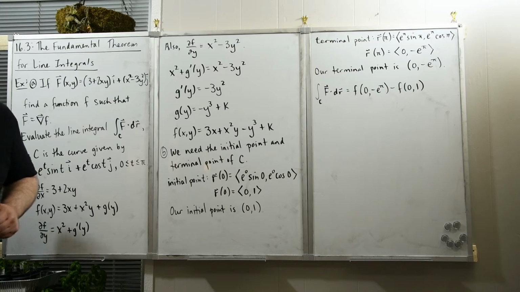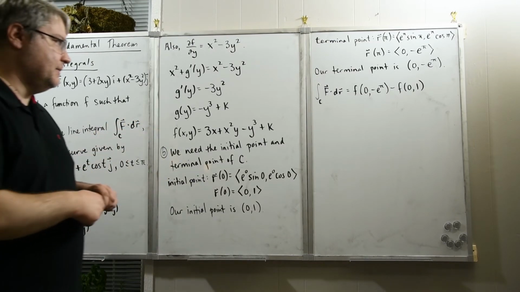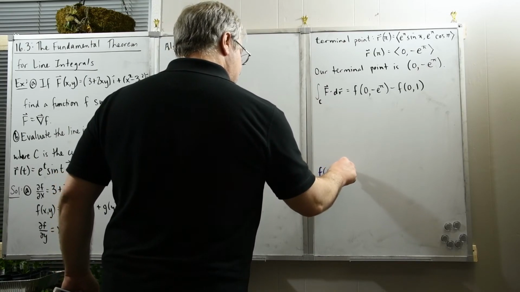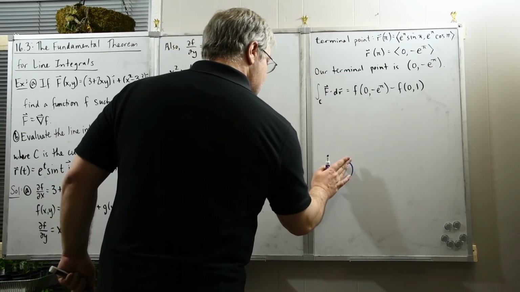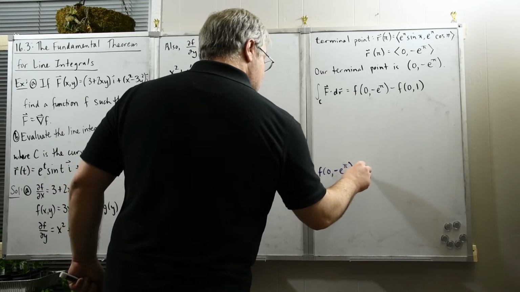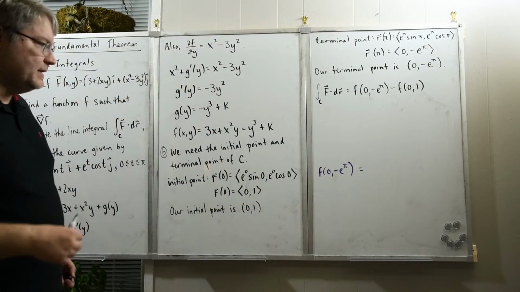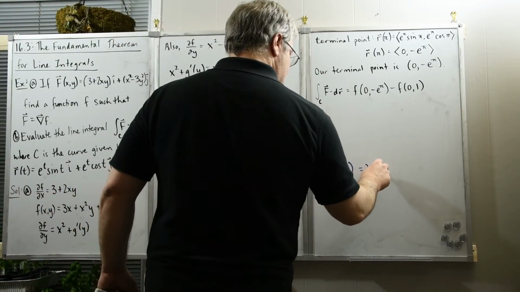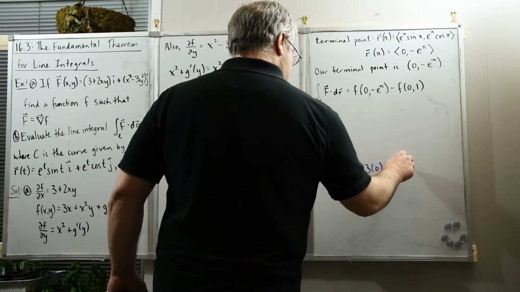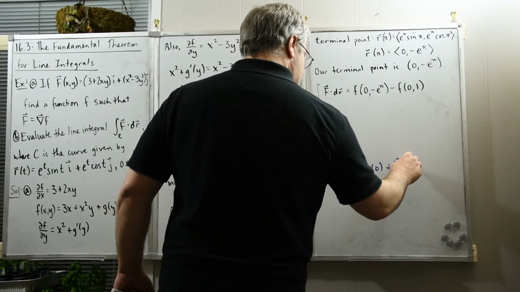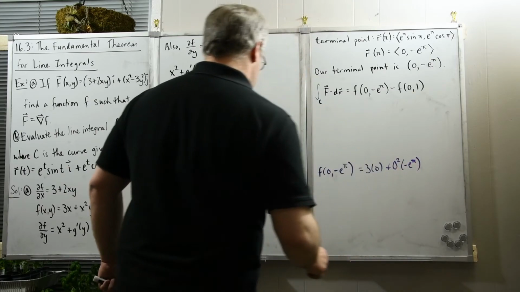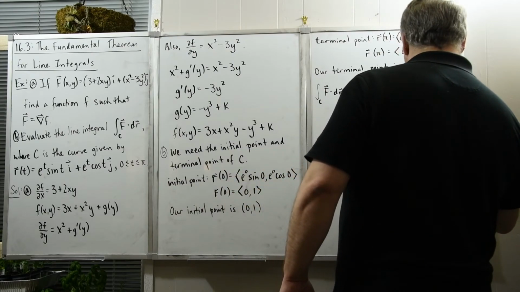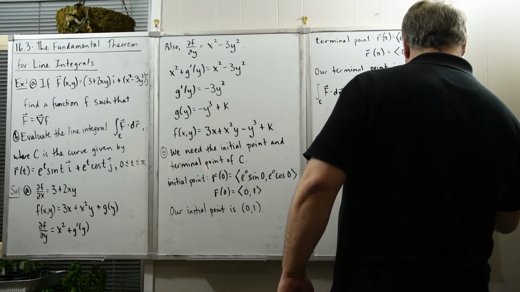And if you take a look at how our f is defined at the end of part A, if we take a look at f of (0, -e^pi), remember x is 0, y is negative e to the pi. So you're going to get 3 times 0 plus 0 squared times negative e to the pi minus negative e to the pi raised to the third power.